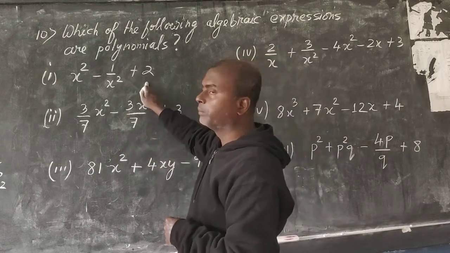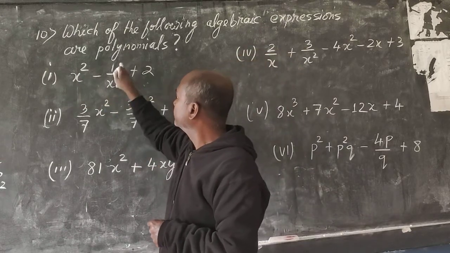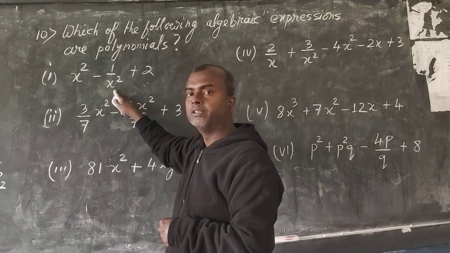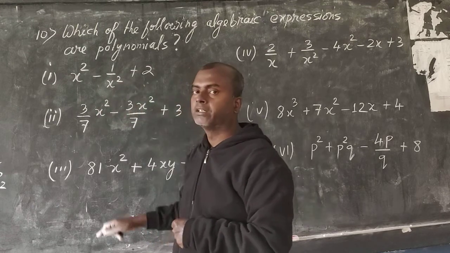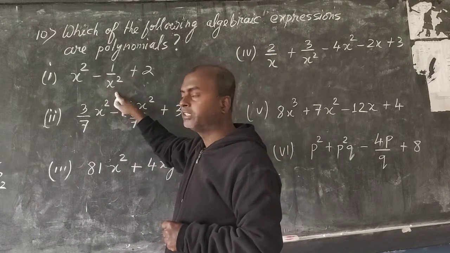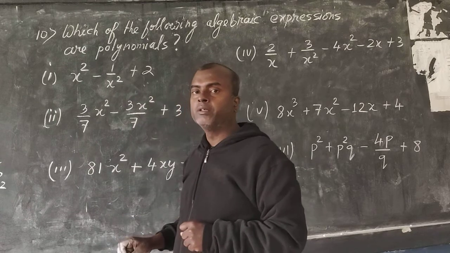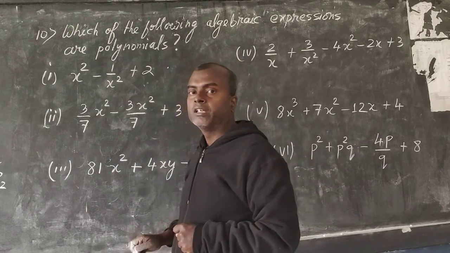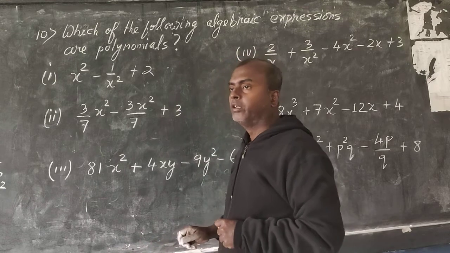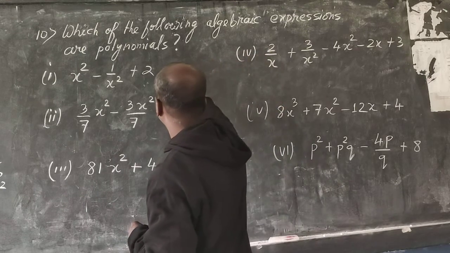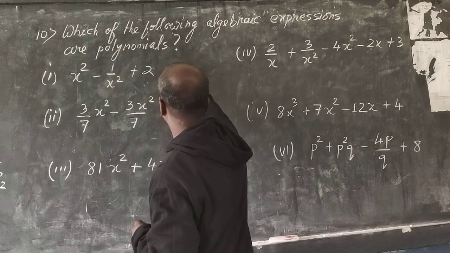Like we say this example, the first part. Here there are three terms, alright, but in this one the variable is there in the denominator, in one of the terms. Among the three terms, the second term, you see, there is a variable in the denominator. So this is not a polynomial. It's not an algebraic expression. So I am going to write here not polynomial.